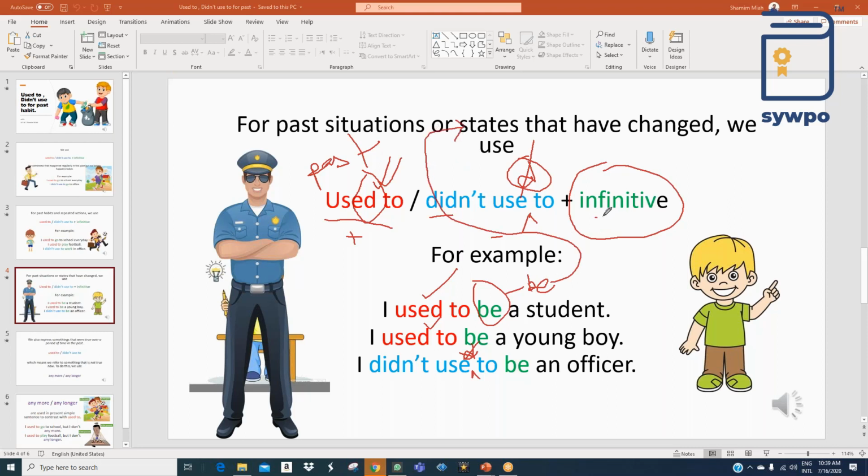If you use infinitive verbs, you are talking about situations or habits or actions. Okay? For example, if you say play, that's an infinitive verb and it's an action verb. But if you say be, you are not talking about any actions, you are talking about a state. Alright? We're talking about is, am, and are, this kind of states.